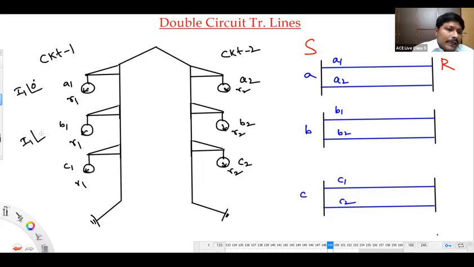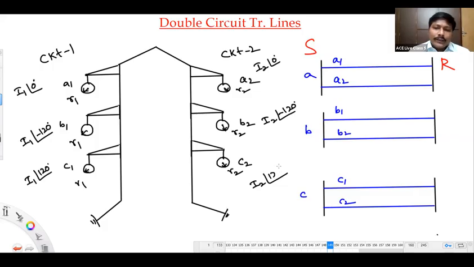B1, I1 at an angle minus 120. C1, I1 at an angle plus 120. A2, I2 at an angle 0. B2, I2 at an angle minus 120. C2, I2 at an angle plus 120. How many phases do we have? Anybody, please tell me how many phases?